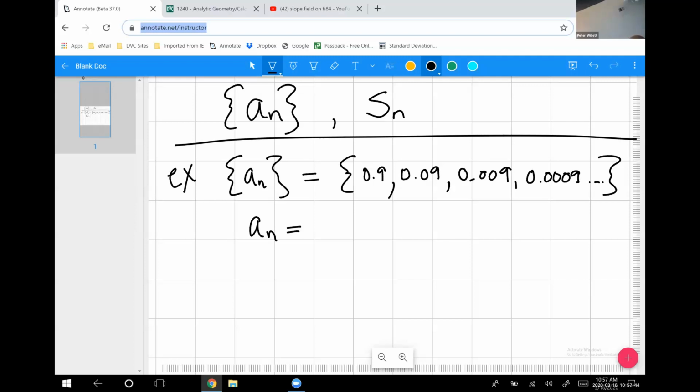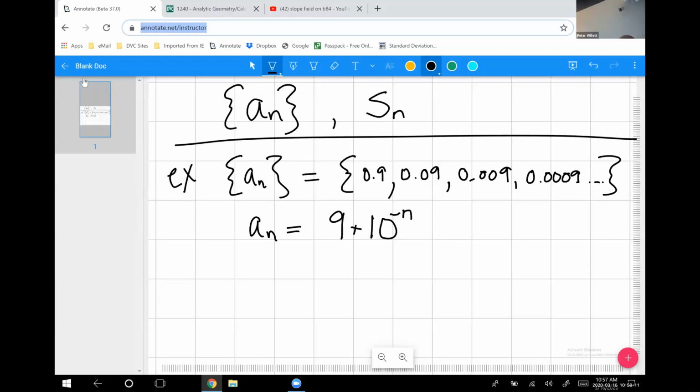So how could I write that? I could write that as 9 times 10, since in the decimal system it's based on powers of 10, where in the first position you're in the 1/10th place, in the second position you're in the 100th place, in the third position you're in the 1000th place. So that means this is 10 raised to the power of minus n.